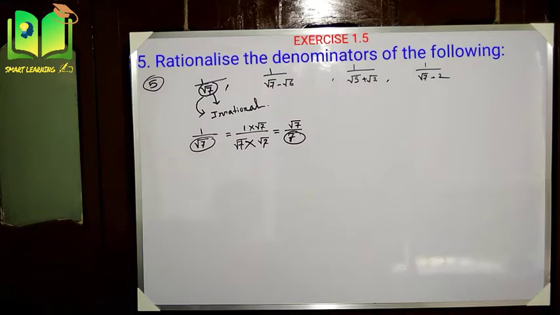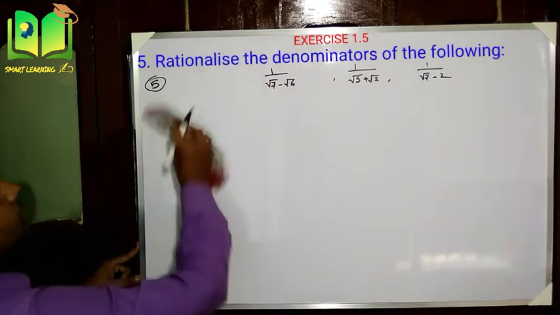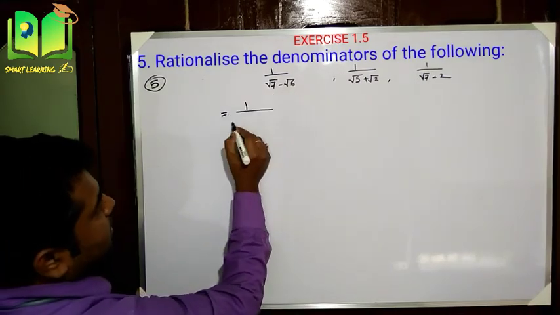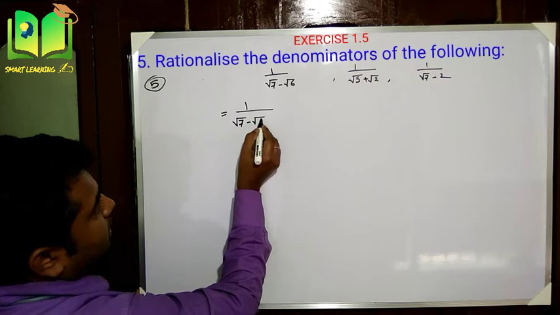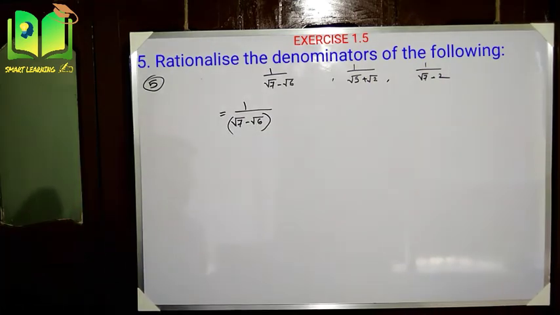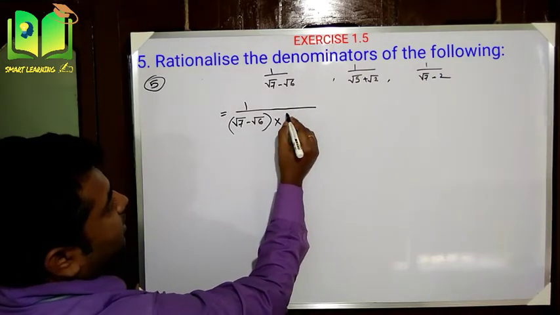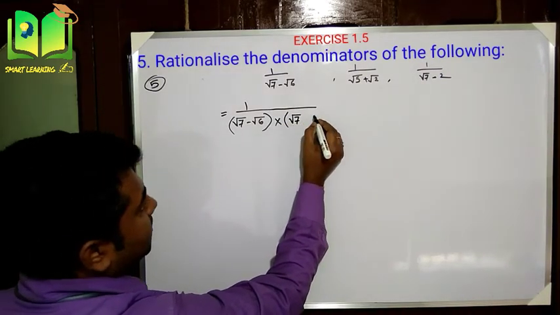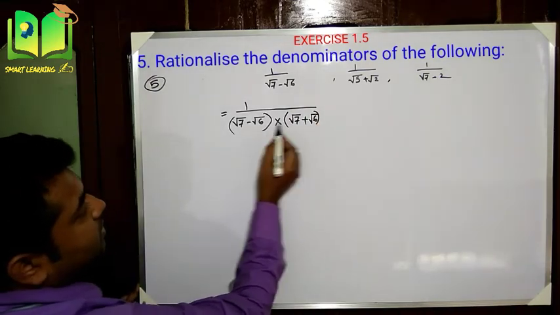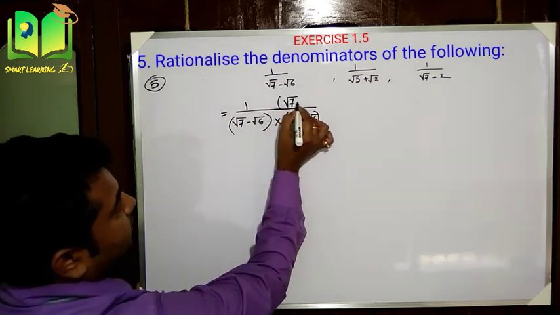Now see the next one: 1 by root 7 minus root 6. Here is one extra part, that is root 7 minus root 6. In this case we multiply the same thing but with the sign changed: root 7 plus root 6.